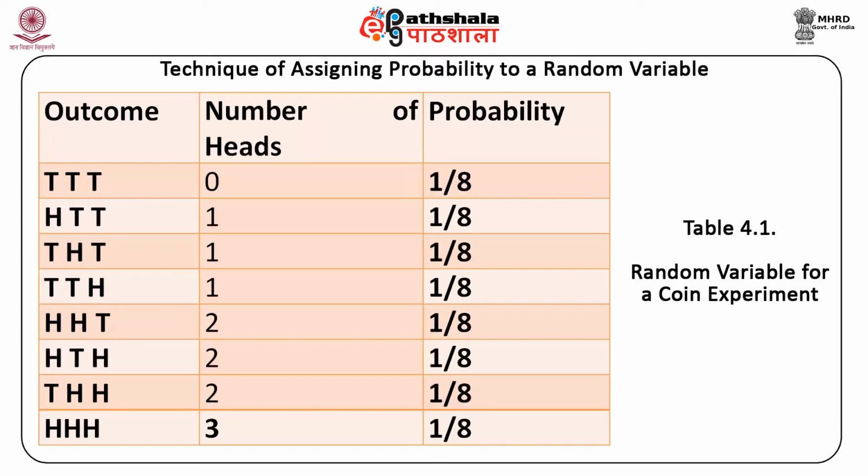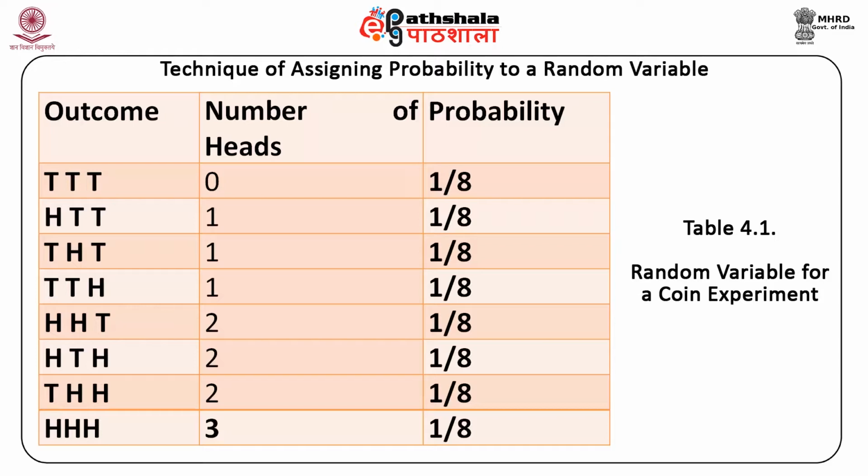As can be seen, to each sample point there corresponds one and only one value of the random variable, number of heads. A mathematical relationship which has this property is called a function.